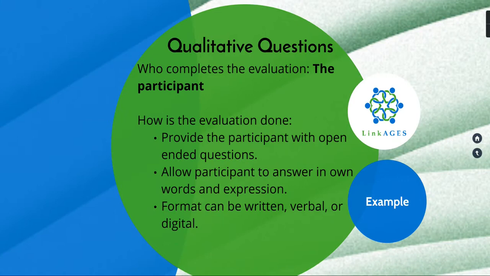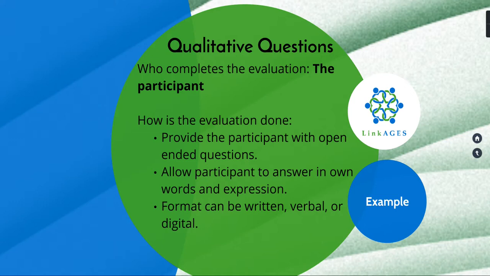Now, let's move on to qualitative questions. In qualitative evaluation, the participant completes the evaluation that is given to them by a facilitator or researcher. If you decide to use a qualitative evaluation, you will develop a list of 5 to 10 open-ended questions.